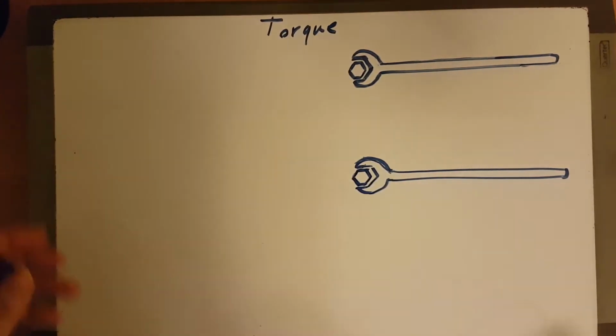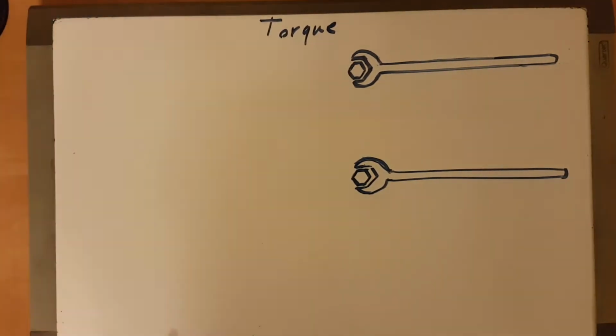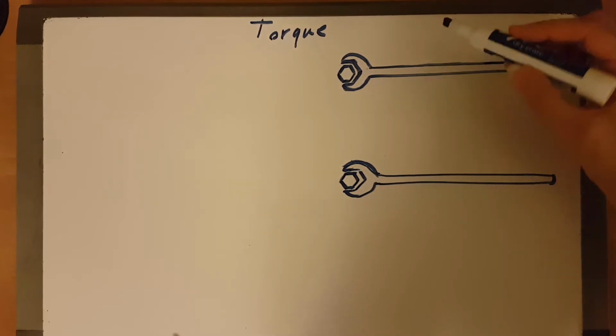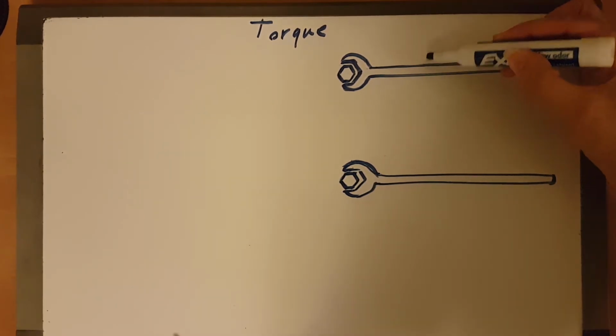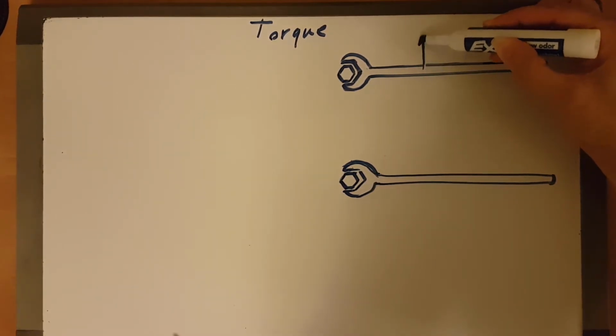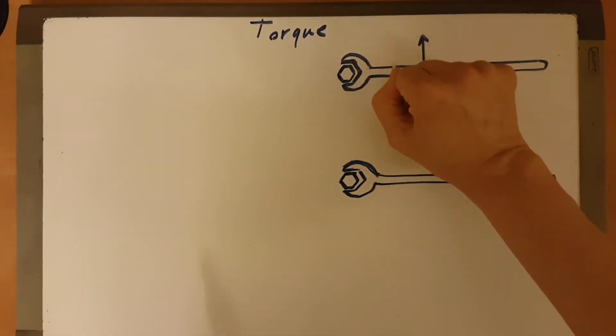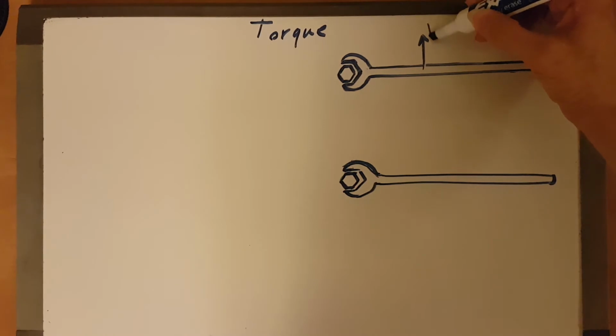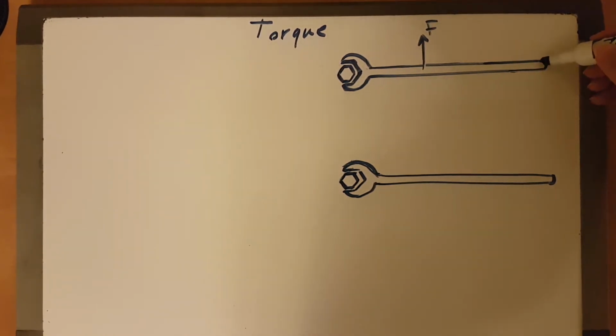So let's find the formula by having a better look at this torque. If I apply force here, like if I am trying to grab it and move it like this, so my force is here, and I can also apply force here.